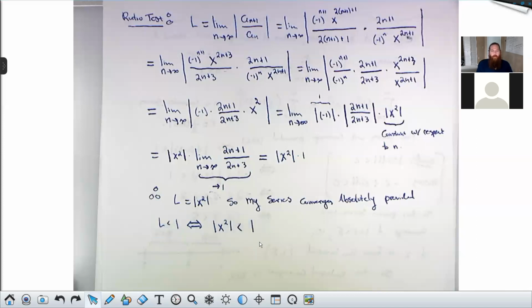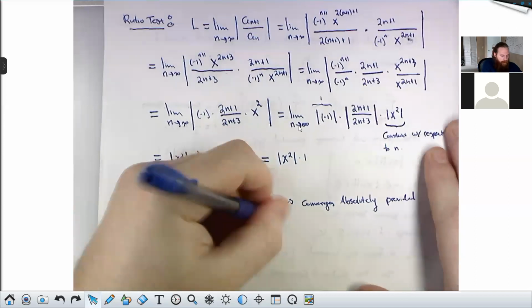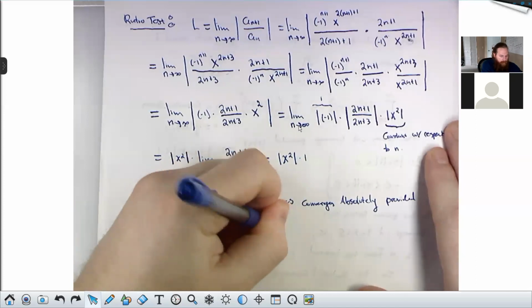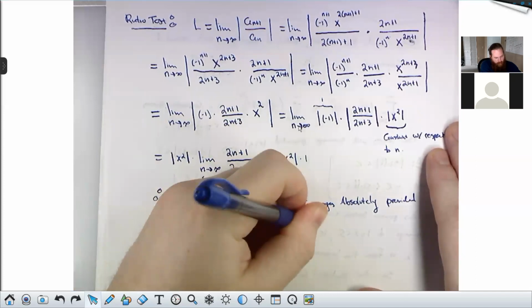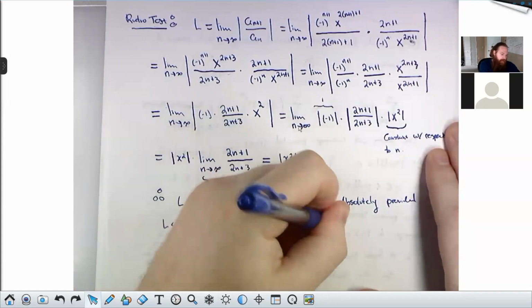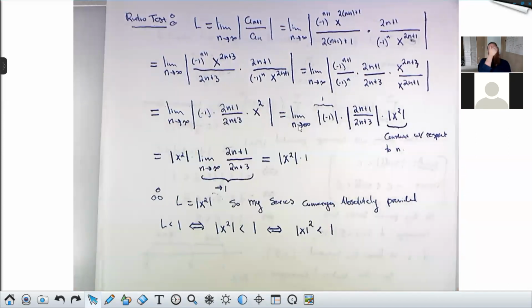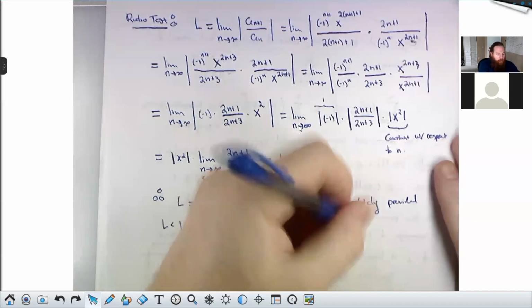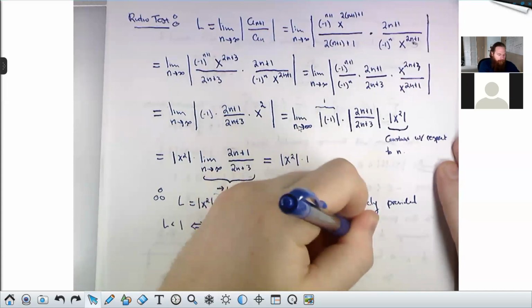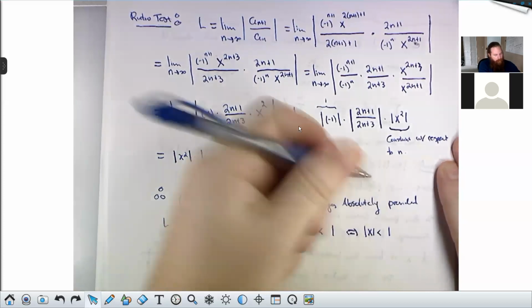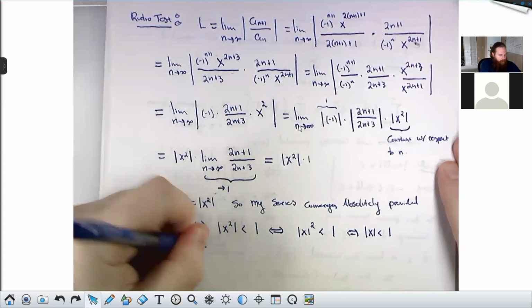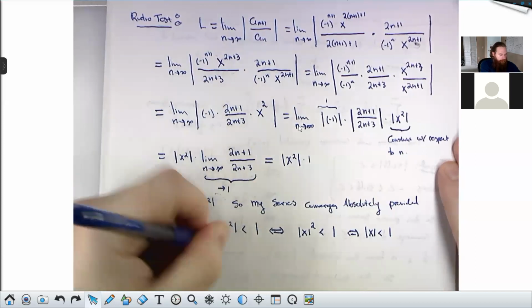So then I solve this inequality. My next step is to solve this inequality. I can bring the square outside the absolute value, because again, absolute value plays nice with multiplication and powers. Then I can take square roots, and then I can unpack.